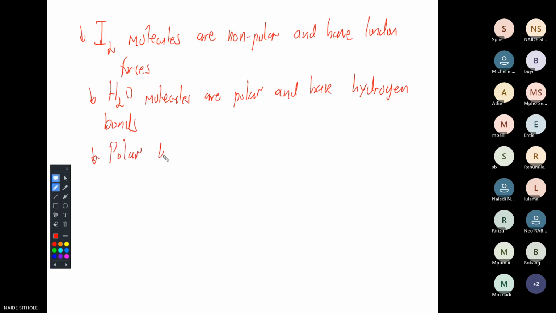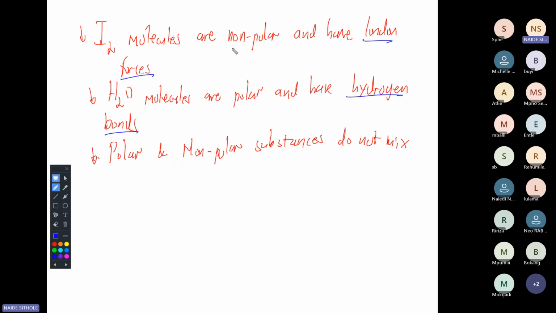Polar and nonpolar substances do not mix because of the rule that says like dissolves in like. So they don't have the same type of intermolecular forces, London forces and hydrogen bonds. Again, it's also a matter that this is nonpolar and the other one is polar.